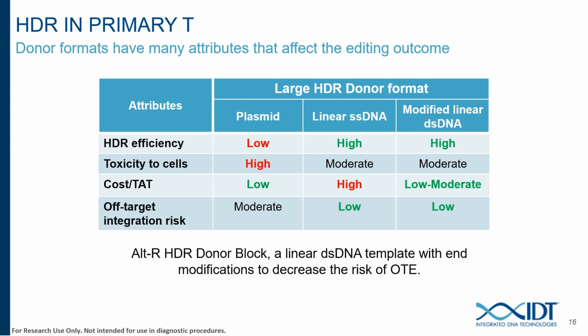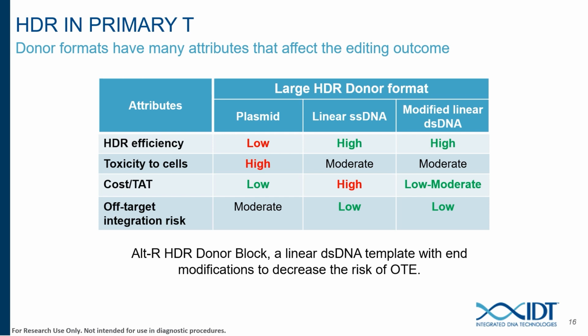And so knock-in protocols with viral vectors that insert via random integration and don't allow for precise editing opens you up to a whole host of insertional mutagenesis and off-target effects, so we rule those out right away. Plasmid donors are known to be low cost, but are generally not very efficient and can be extremely toxic to the cells, even in low doses.